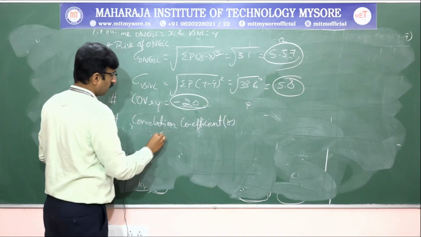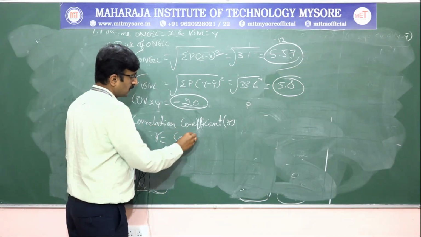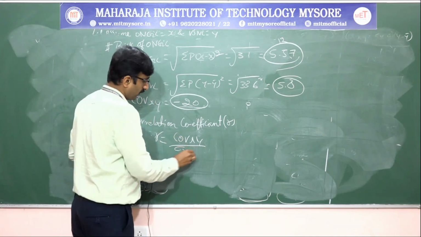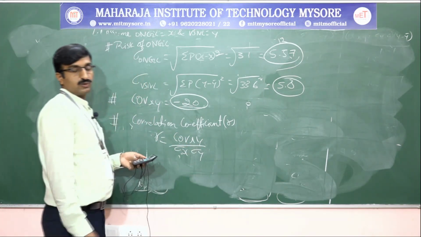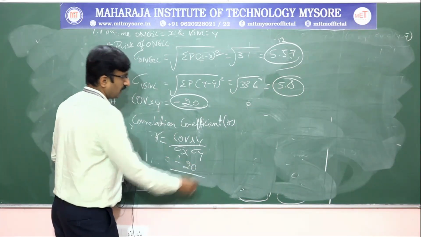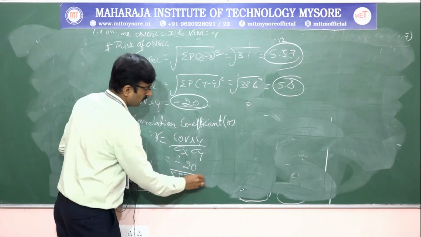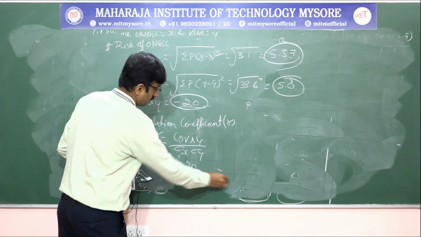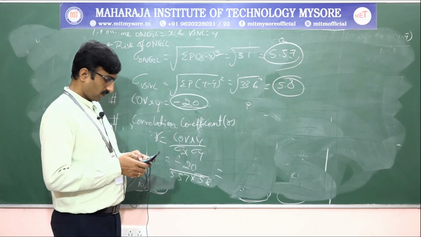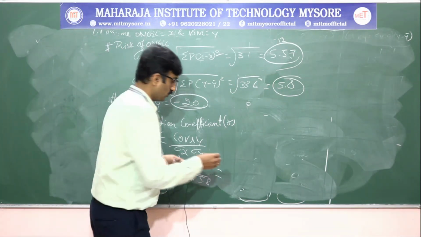R is equal to covariance of XY divided by standard deviation of X and standard deviation of Y. Covariance, how much is it? Minus 20. Standard deviation of X is 5.57 into Y 5.8. You will get minus 0.62.